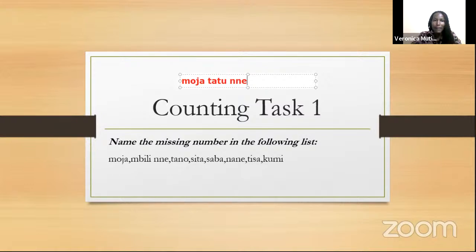Mbili. Good. Frank, it's your turn. So between 5 and 8, which one is missing? We have here tano, sita, nane.